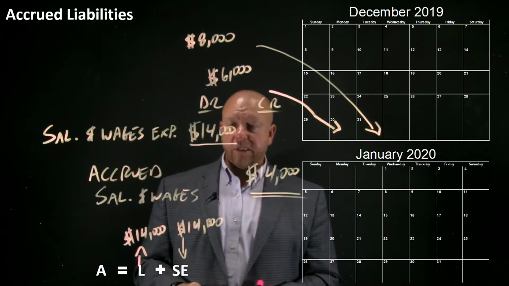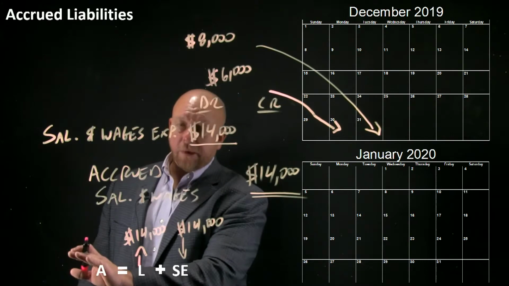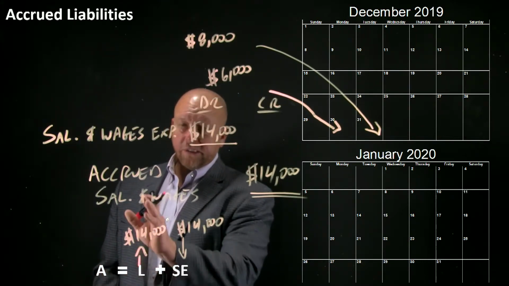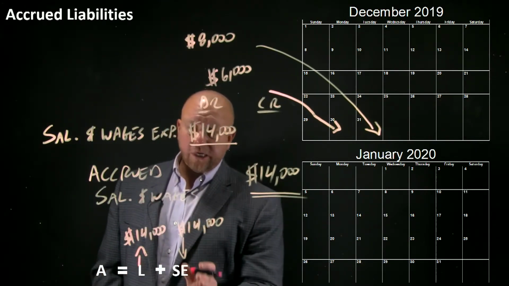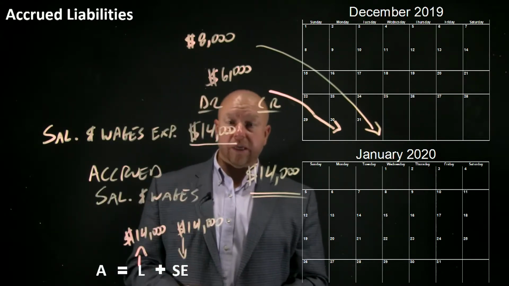So the effect of this single transaction in the accounting equation has no impact on assets. Liabilities go up by 14, stockholders' equity goes down by 14 because our profitability was reduced by $14,000.